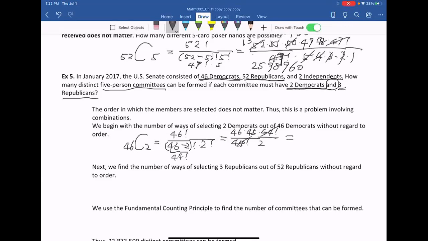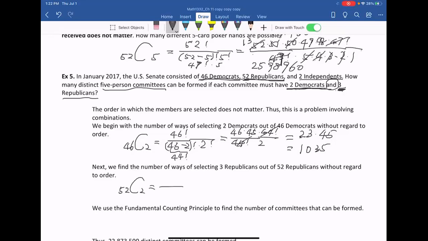So canceled out, we get 23 times 45. Let me use my calculator to find the answer. It gives me 1035.